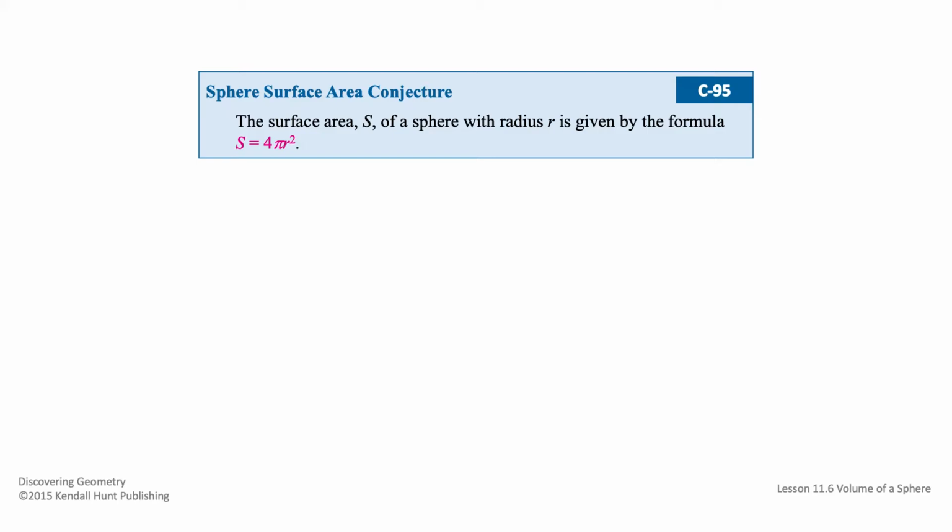And here's the surface area formula. Surface area of a sphere is equal to 4 times pi times the radius squared. So notice the last formula had a radius cubed for volume, and for area it's a radius squared that shows up.